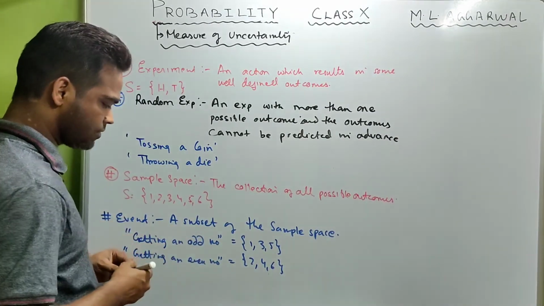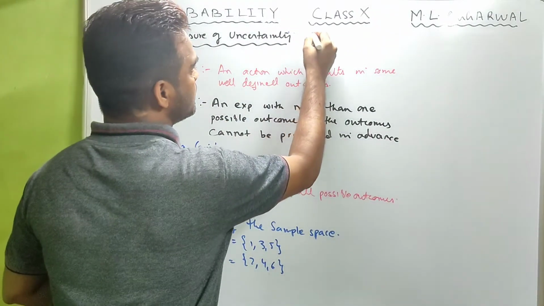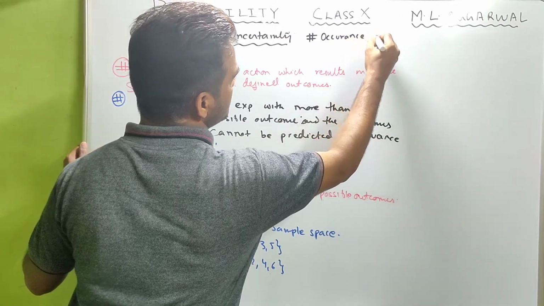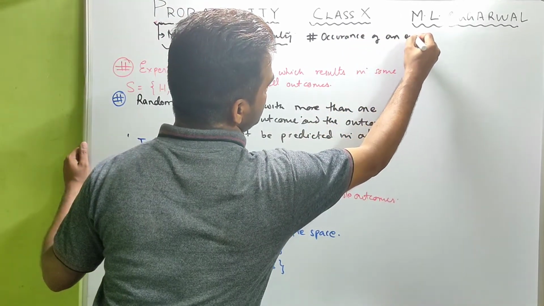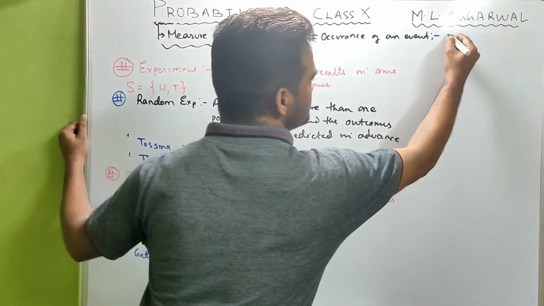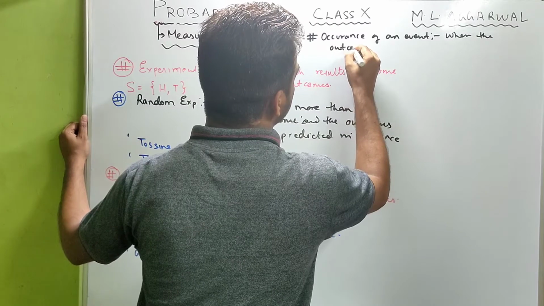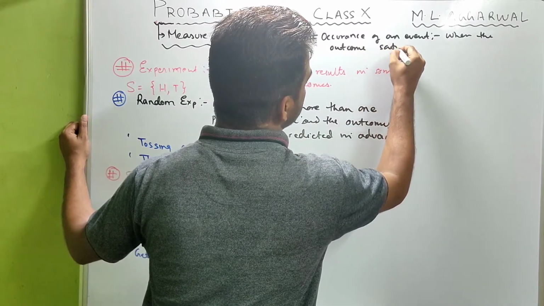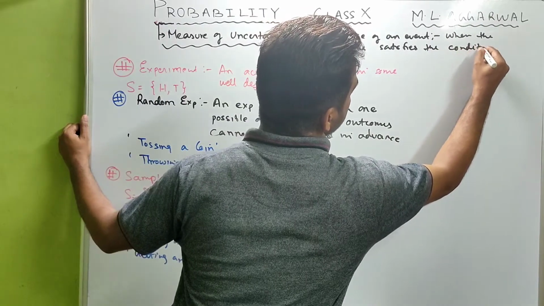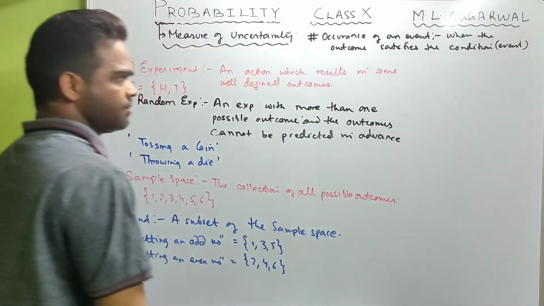Now, one more thing. When do you say that the event has occurred? Occurrence of an event. When the outcome satisfies the condition of the event given during an experiment.